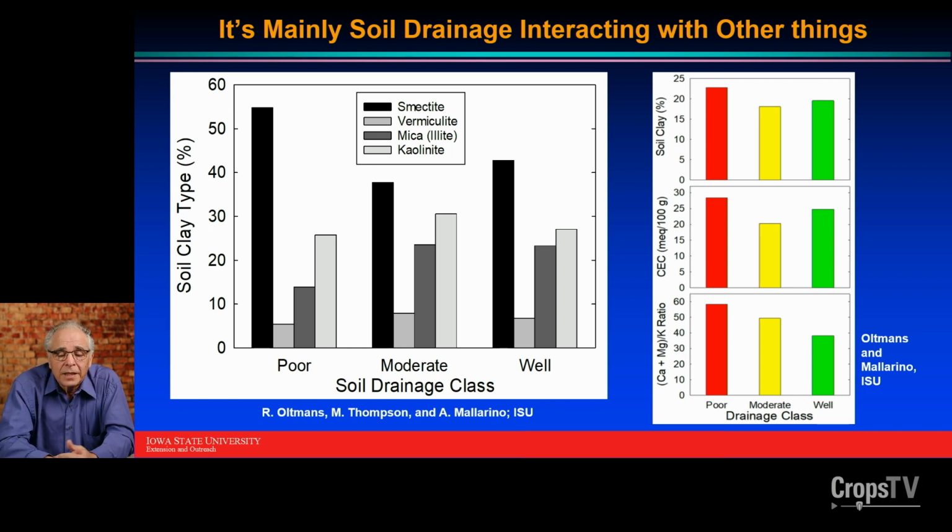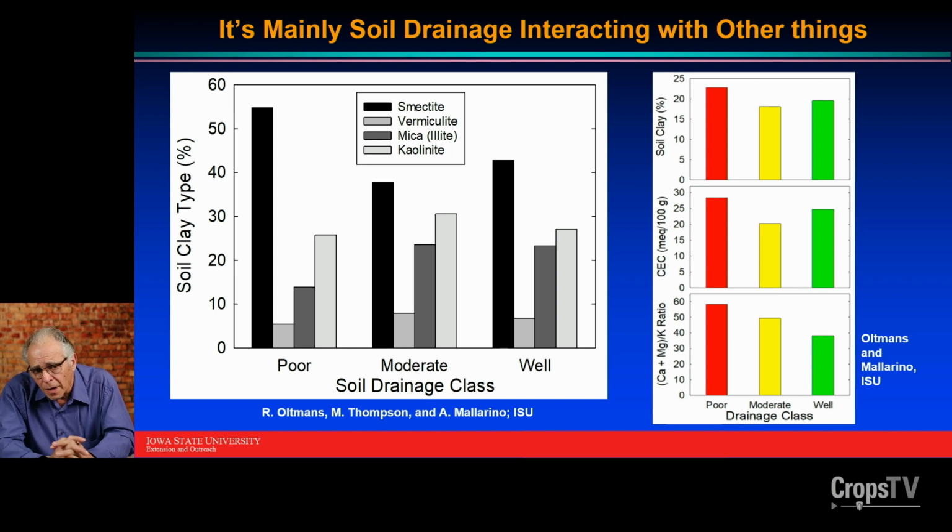And then the calcium, magnesium, potassium ratio, that's another thing. This shows that maybe the soils with poor drainage have a higher calcium and magnesium relative to potassium. But again, look at that. In the moderate, they're about 50%, and the red bar is about 54, and even in the well drained, it's not much difference.